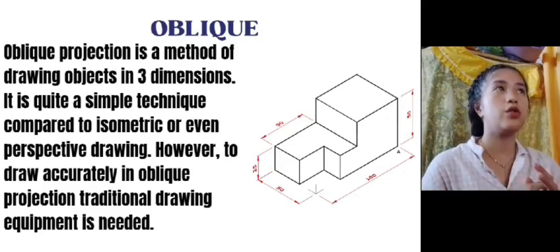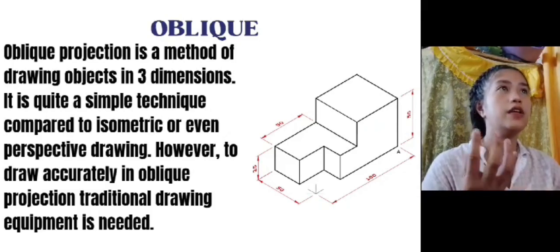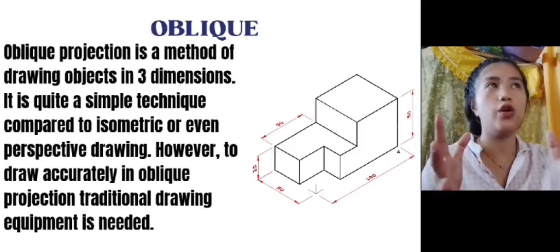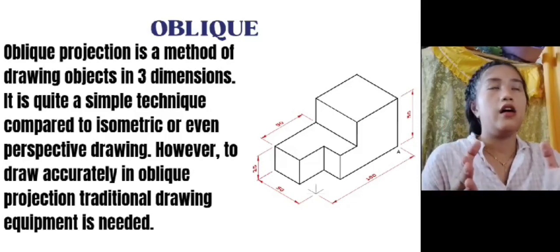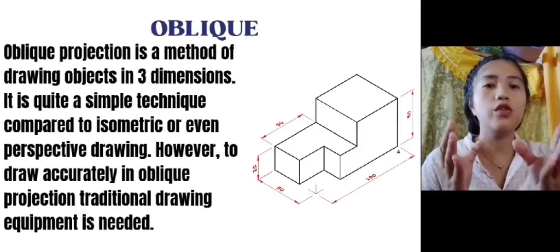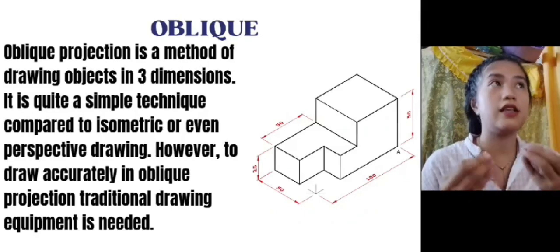Oblique drawing shows the overall 3D shape of an object. However, only the front face, the one facing you, shows the real size and shape.